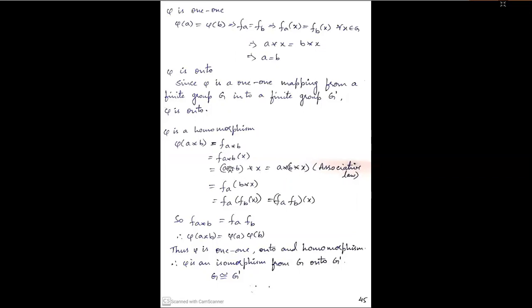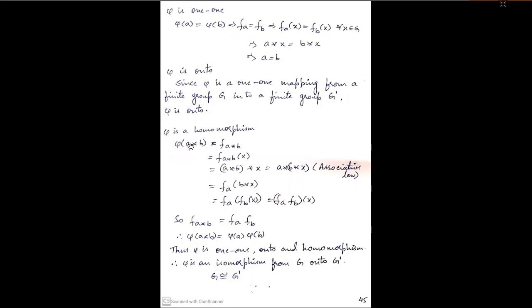So I can write this as a * (b * x), and a * (b * x) can be written as f_a(b * x), because a * x is defined as f_a(x). This is equal to f_a(f_b(x)) from the definition, so this is equal to (f_a f_b)(x). We are changing the brackets. Therefore, we have come to the conclusion that f_(a*b) = f_a f_b.